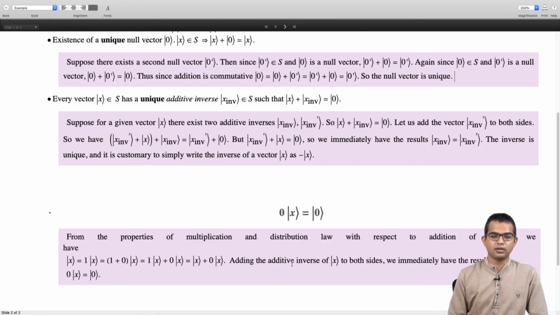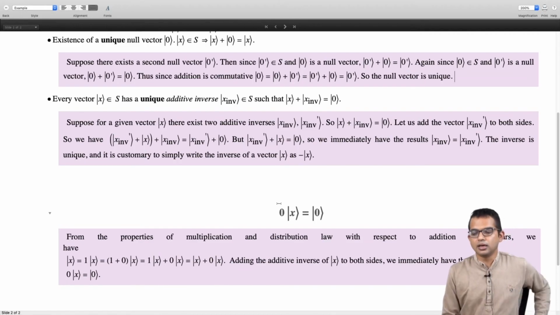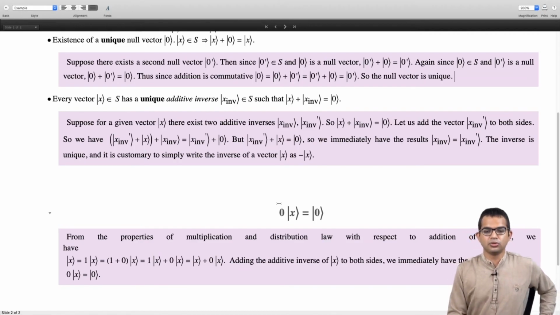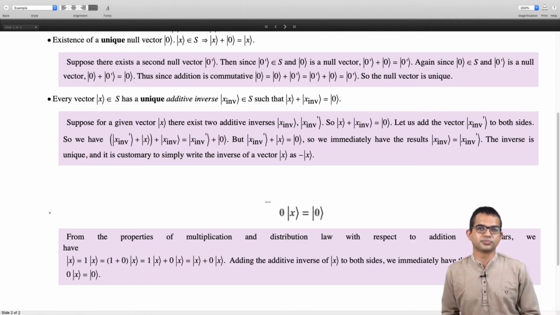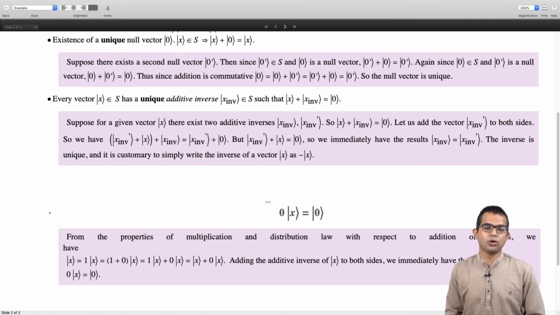You might think, why are we working very hard to prove things which seem totally obvious? The objective here is to show you, as an exercise in rigor, how you can start with a very small set of axioms and then work out proofs of statements which look obvious.